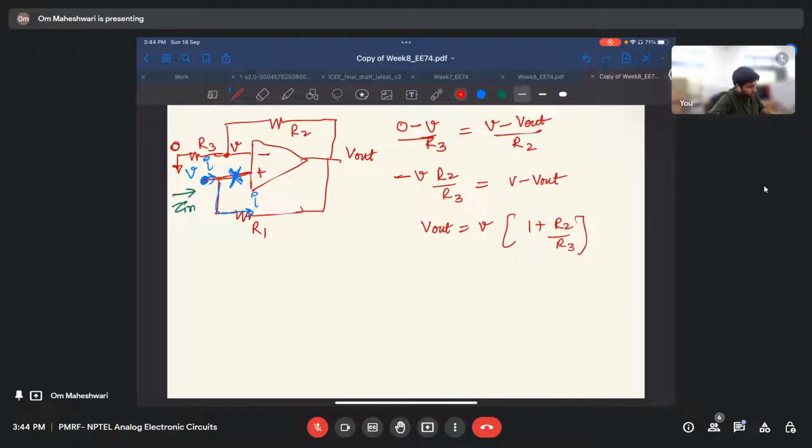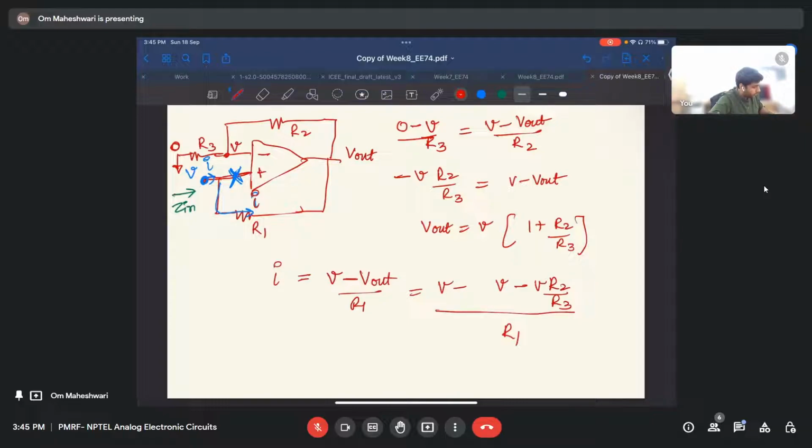So what is I here? This I is voltage here minus voltage here divided by R1. So I equals V minus V out by R1, which is V minus V times 1 plus R2 by R3, divided by R1. V and V cancel. So I equals minus V R2 by R3 R1.